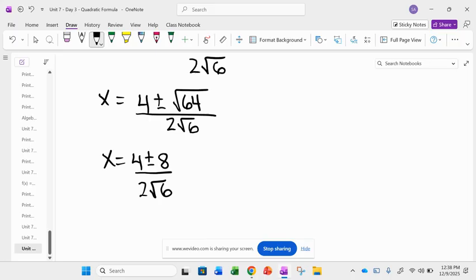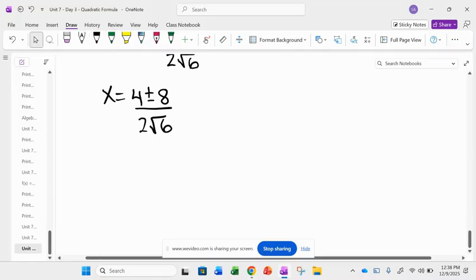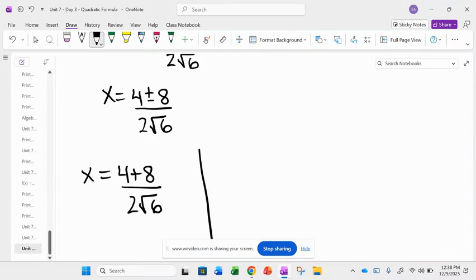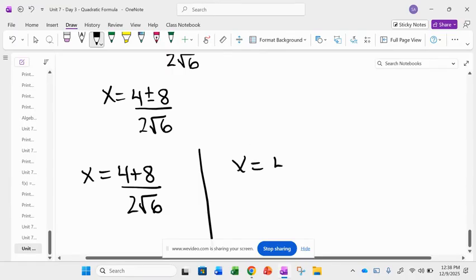This is not my right answer for so many reasons. This is not my answer because I still have a radical in the denominator. This is also not my answer because can I add and subtract 4 and 8? So I'm going to start by making this into two different equations. I'm going to have x is equal to 4 plus 8 over 2 √6. And I'm also going to have x is equal to 4 minus 8 over 2 √6.